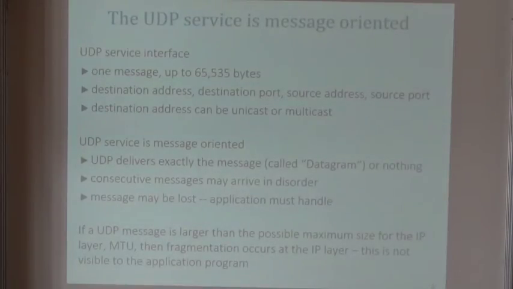So if a UDP application sends a message of 2,000 bytes, it will be broken into two IP packets by the IP layer, in fact. The two IP packets will be reassembled at the destination if none of them is lost. And then they will be made visible to the socket as one message. In principle, there's no way to read part of the message, the first packet or the second. When you make a call to the socket layer, it will say the message has arrived or not.